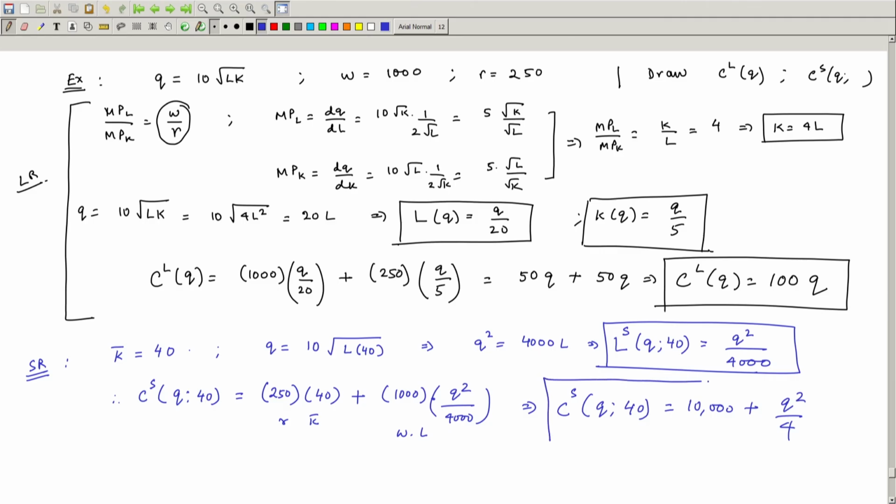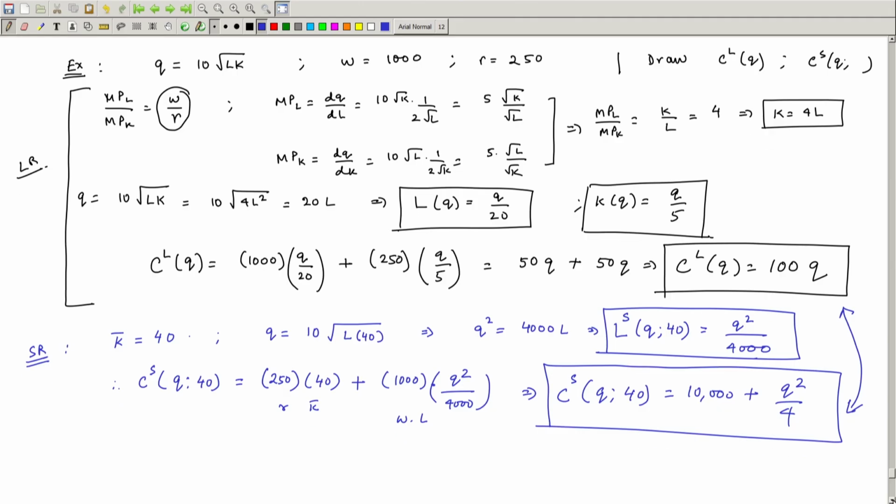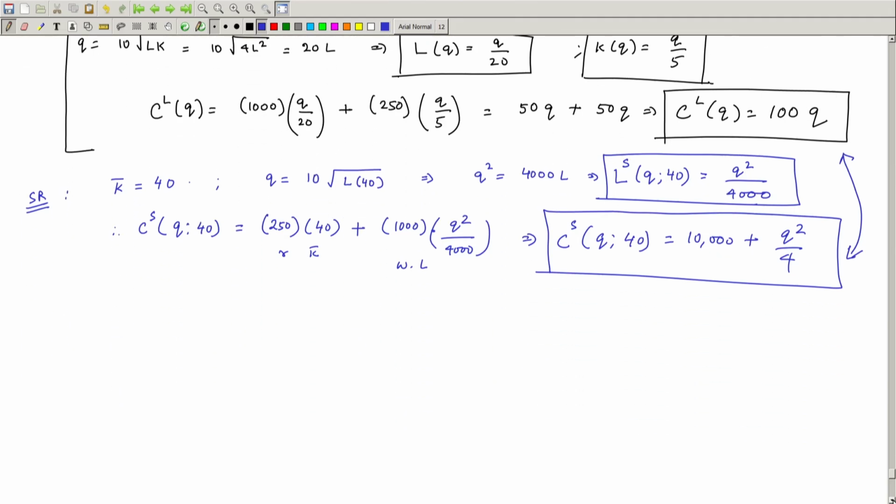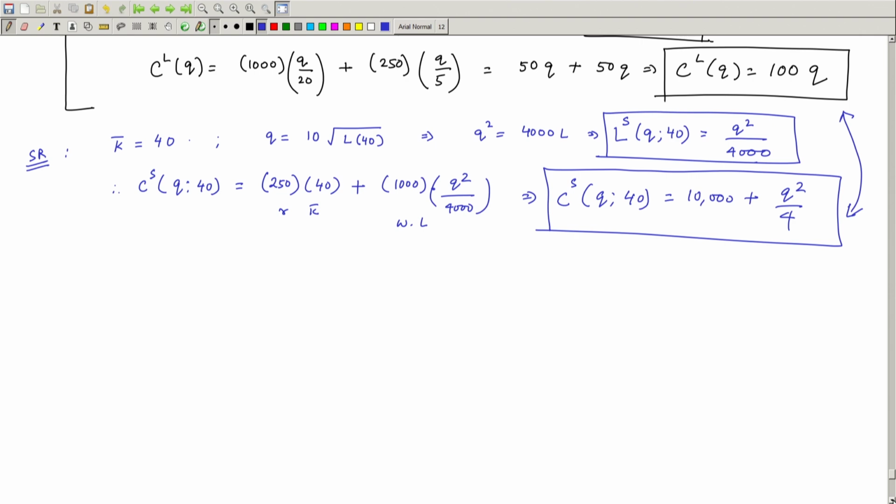So, this is the cost in the short run. Notice the cost in the short run and the cost in the long run are not the same. In fact, here based on the functional forms you can say that the long run cost is linear, but the short run cost is non-linear. In fact, it is convex.